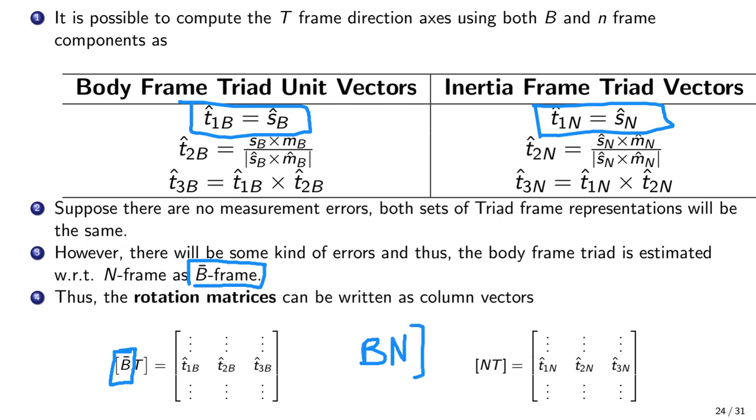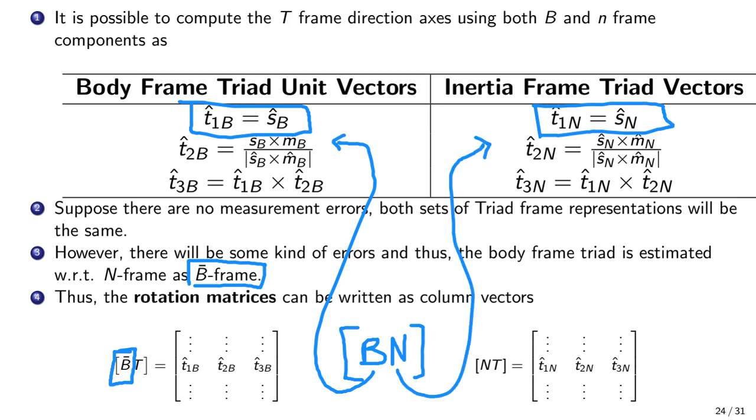And that's why we are trying to use the triad algorithm. Now I'm splitting into two parts, one here for B, the other for N. Do you see that?